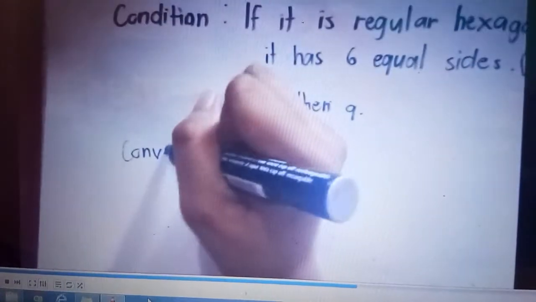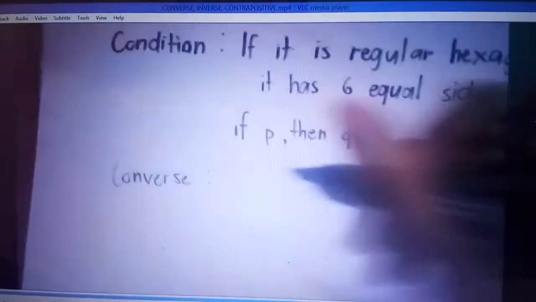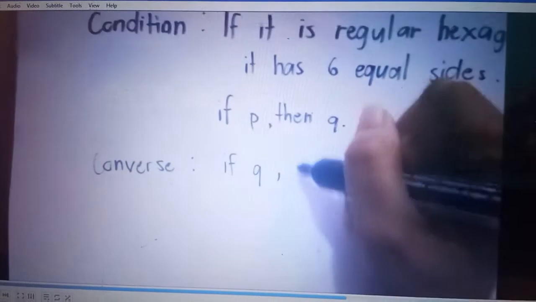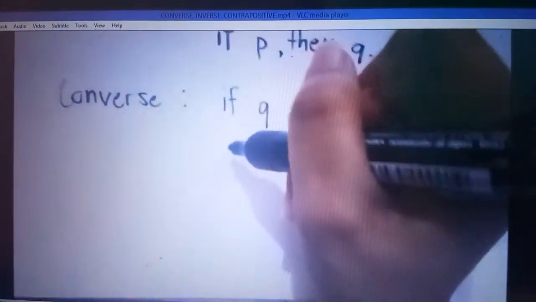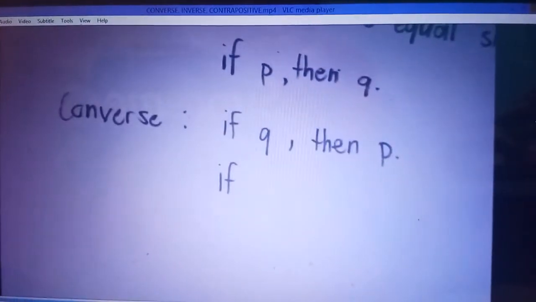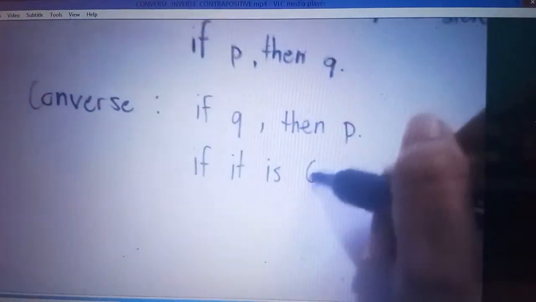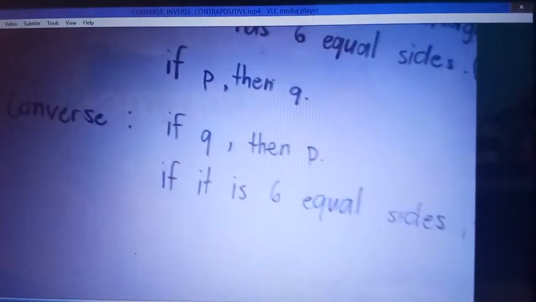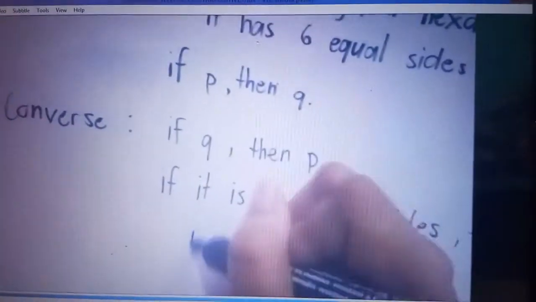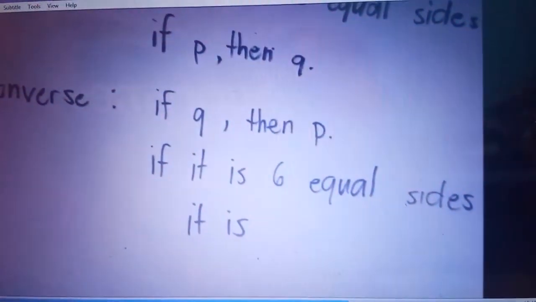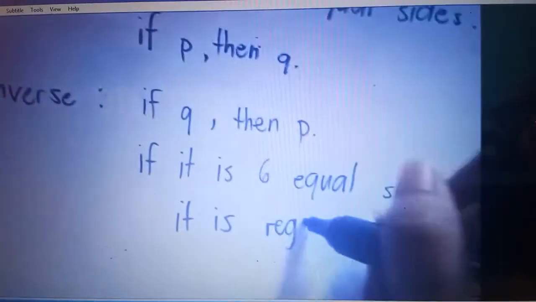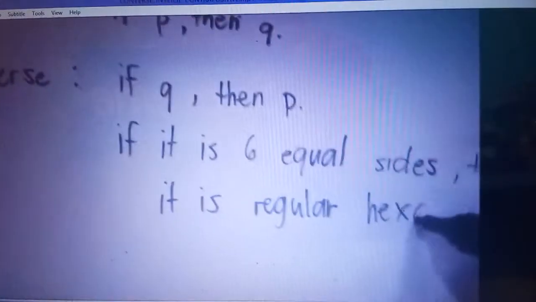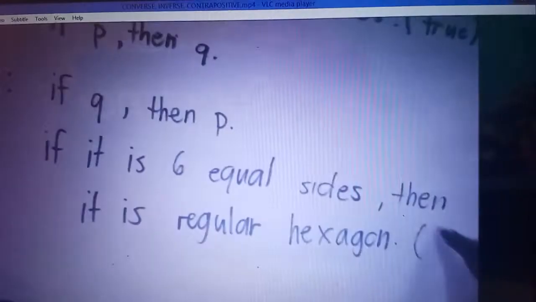First we have the converse, with the form if Q, then P. The answer we have is: if it has 6 equal sides, then it is a regular hexagon, which is true also.